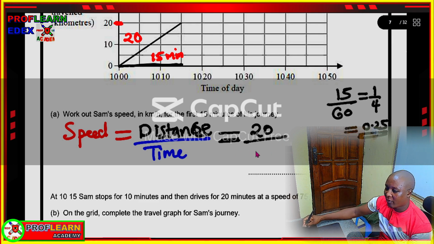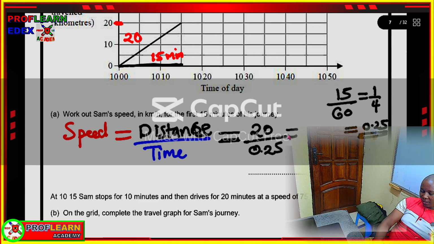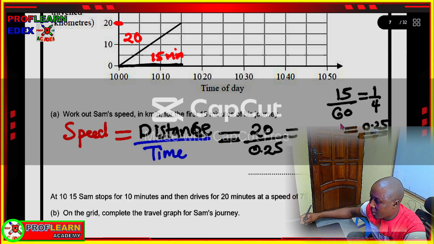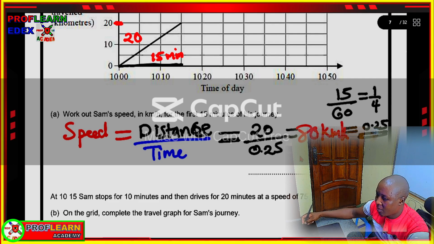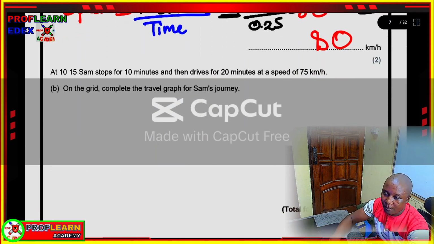So we're going to say 20 over 0.25. If you work it out on the calculator, this is 20 divided by 0.25, and you get 80 kilometers per hour. So the speed is 80 kilometers per hour in that case.